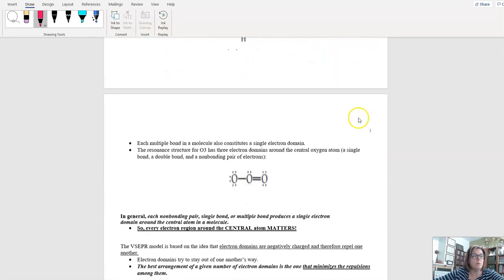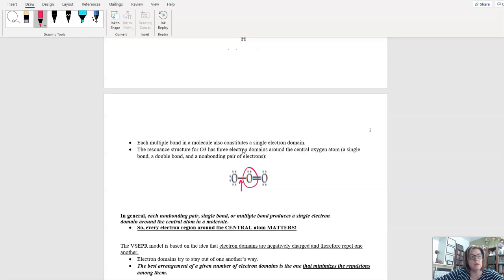So each multiple bond also constitutes a single electron domain. So notice right here, if I'm only focused on this central atom, okay, only on oxygen, well, I have these bonding electrons, and I also have a double bond, but that double bond still counts as one region.